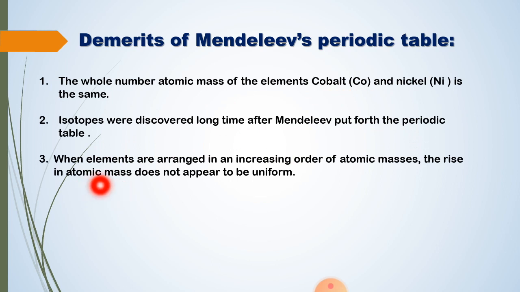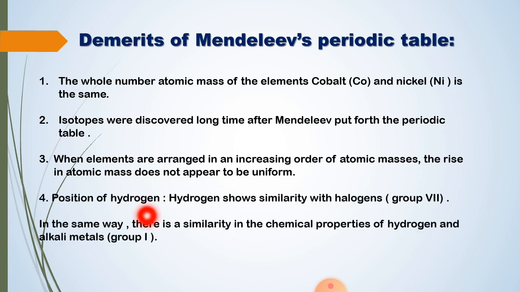Then when the elements are arranged in increasing order of atomic masses, the rise in atomic mass does not appear to be uniform. There is no uniformity among the elements which are arranged. Then the position of hydrogen. Hydrogen shows similarity with halogens.